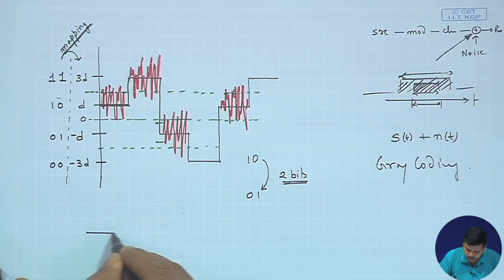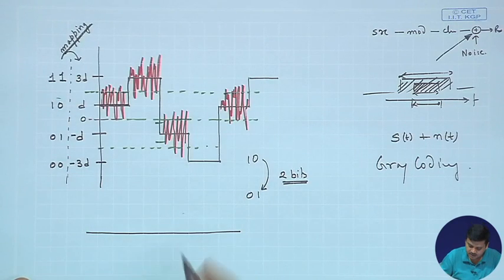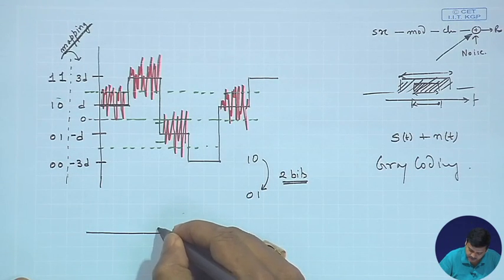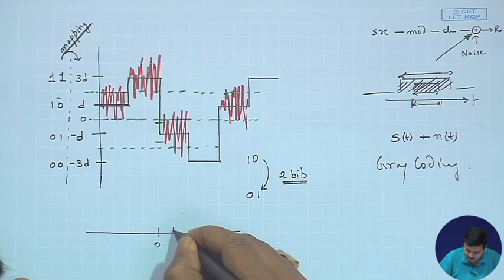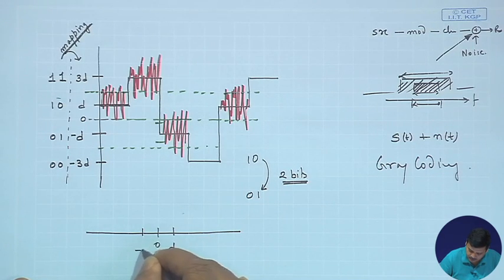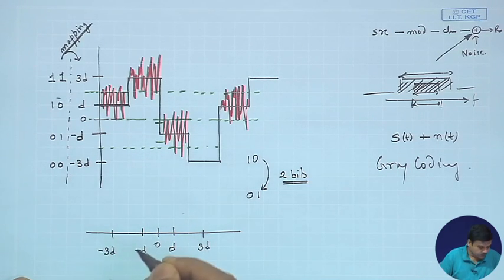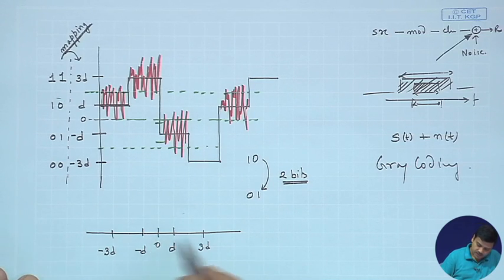So, suppose I can just make it horizontal for ease and better use of space. So, you can have a D, minus D, 3D. I am only taking 4 levels, all right. So, let us try doing that.